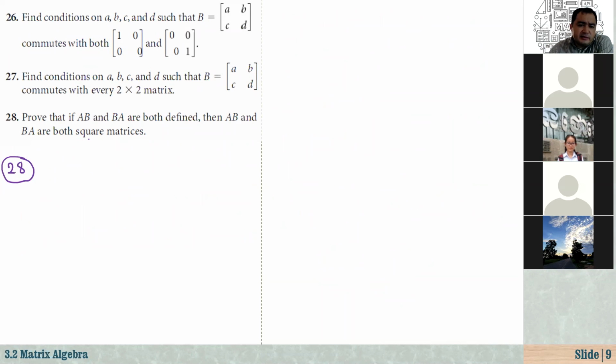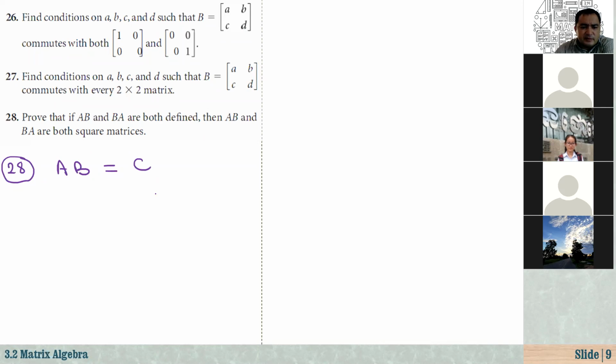It says to prove that if AB and BA are both defined, then AB and BA are both square matrices. Okay. So by the definition of multiplication of two matrices, this AB is defined. What does it mean?